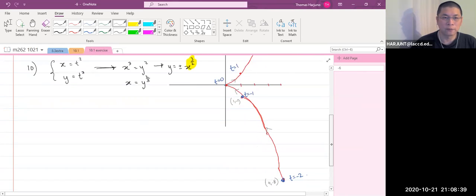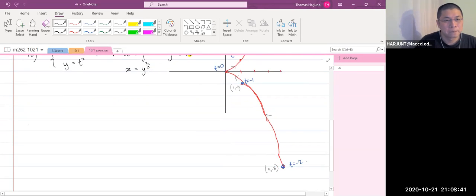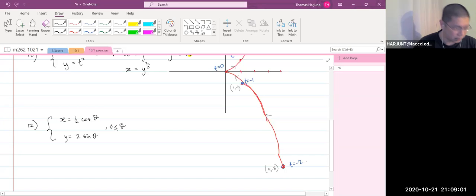Number 12. x equals 1/2 cosine theta, y equals 2 sine theta, where theta is from 0 to pi.